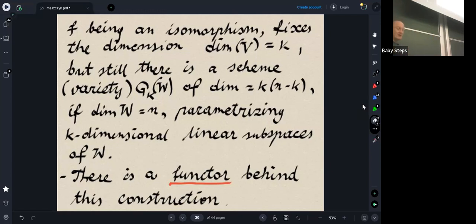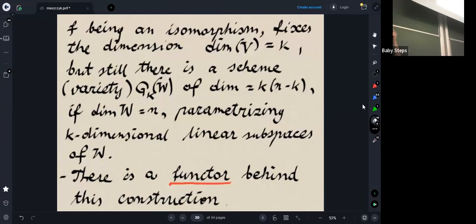But still there is a whole scheme, a generalized space of algebraic nature. In fact, it's a variety, which is denoted by G(K, W), and it's called a Grassmannian, which is of positive dimension K times (n minus K), where K is the dimension of V, the subspace, and n is the dimension of the ambient space.